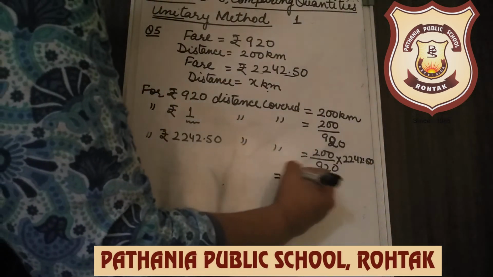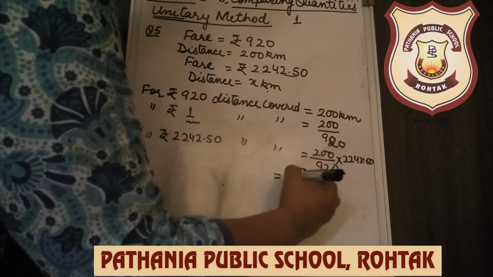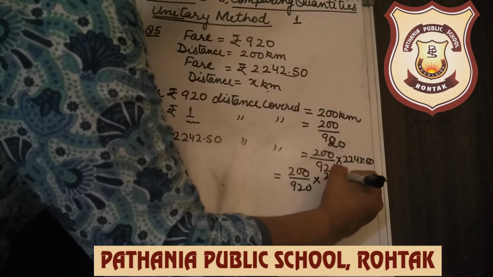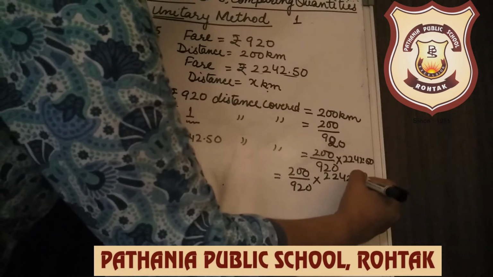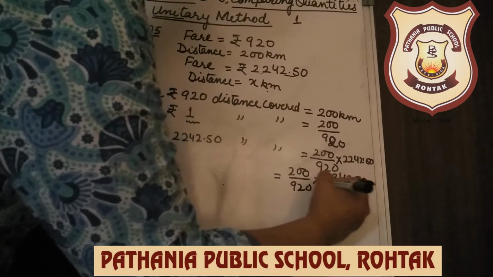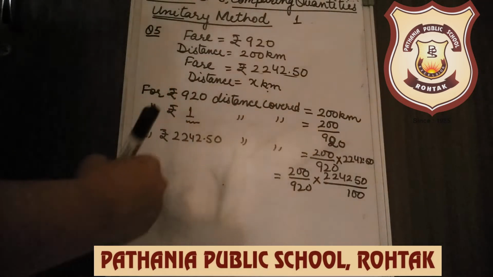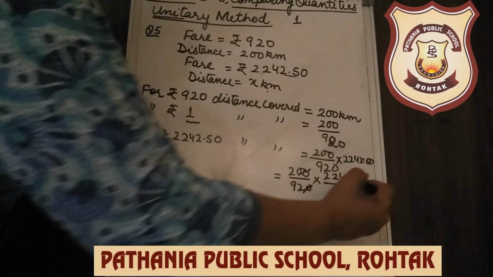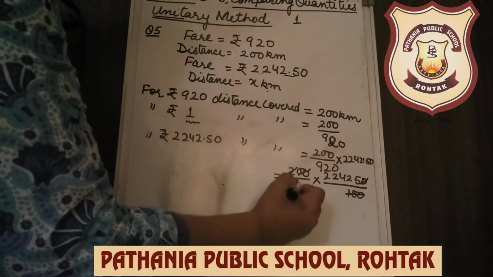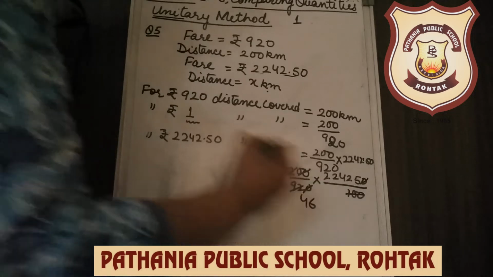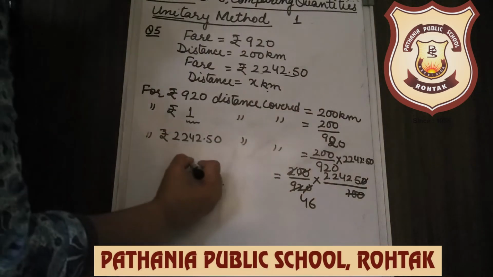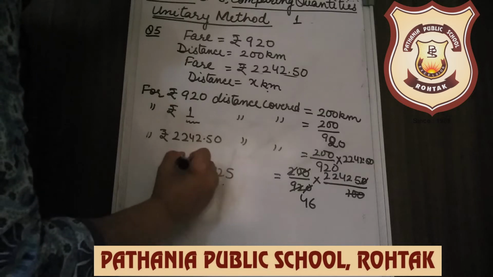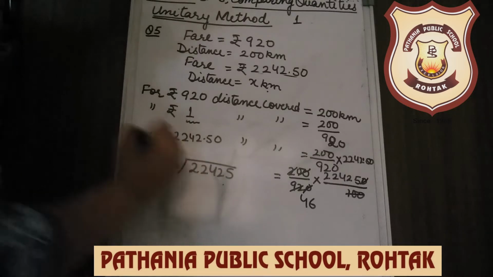And now convert this into fractions. 2242, and this 50 paise change it into rupees by dividing it with 100. These two zeros get cancelled, 0 and 0 get cancelled. From 2 4s are 8 and 2 6s are 12. Now divide this 22425 by 46.